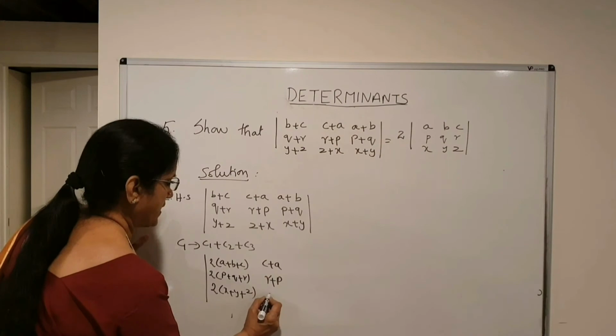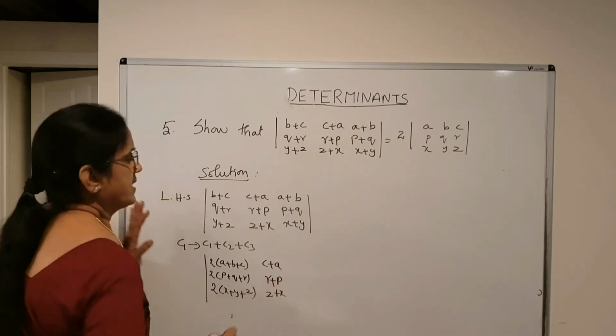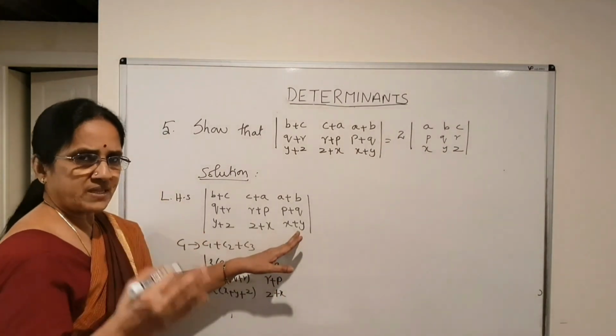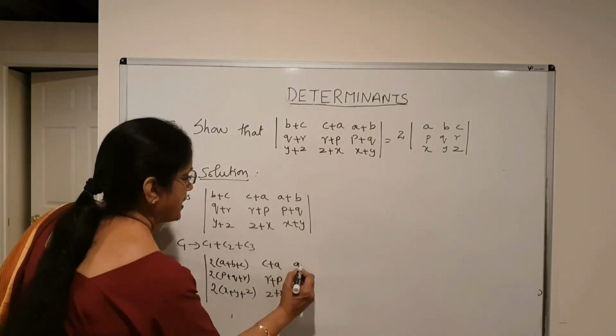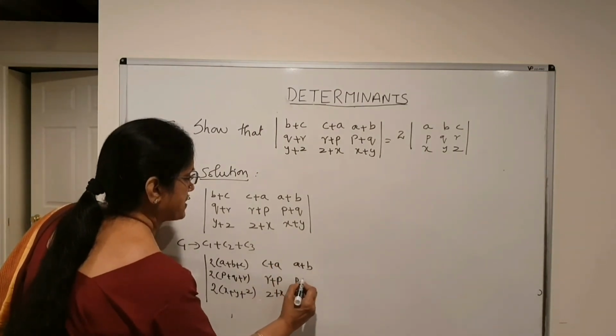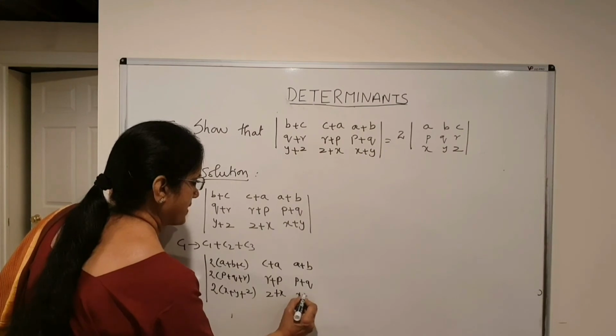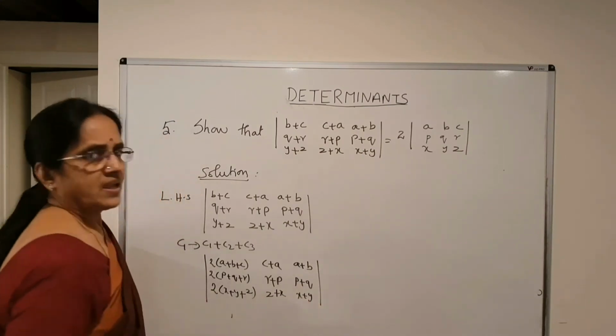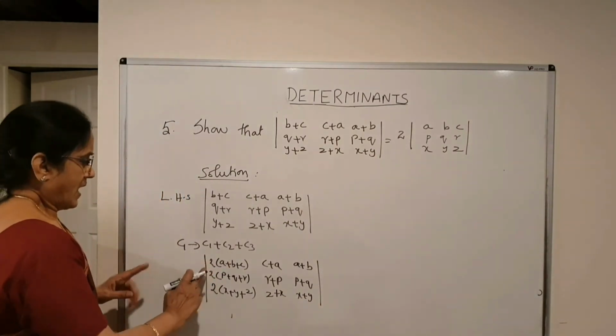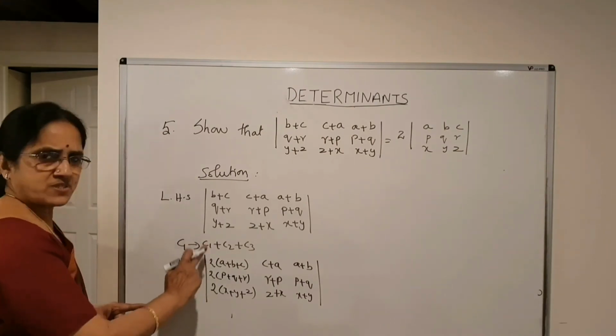Now, second column will remain the same. There won't be any change. And third column also will remain the same: A plus B, P plus Q, X plus Y. Now, I can take out 2 from C1.